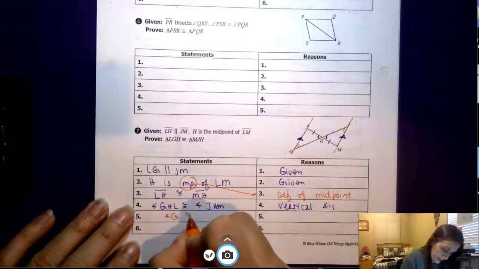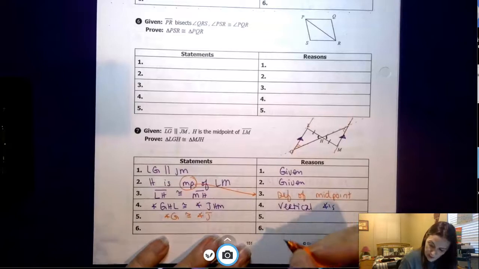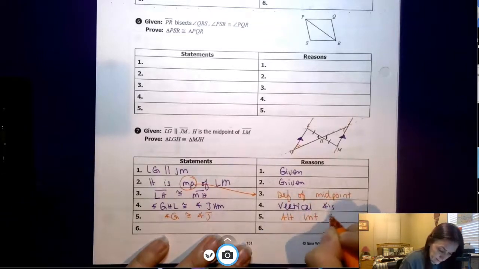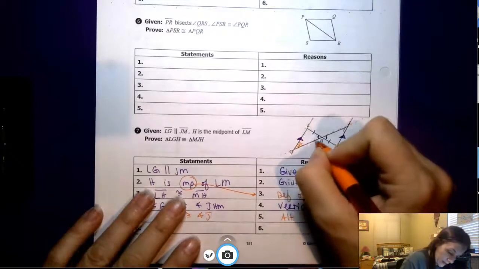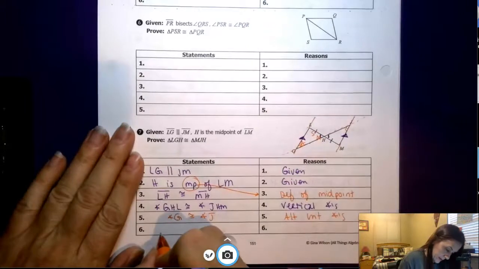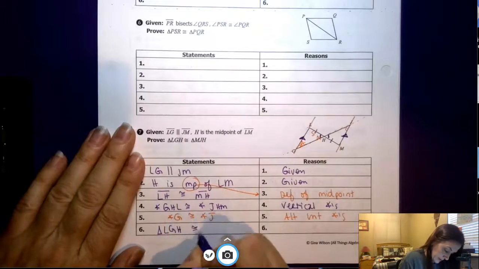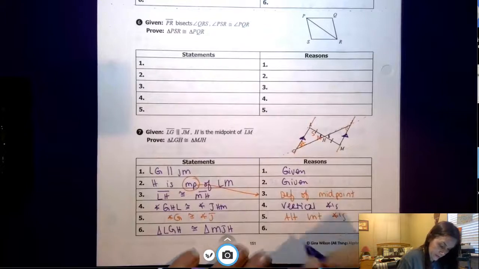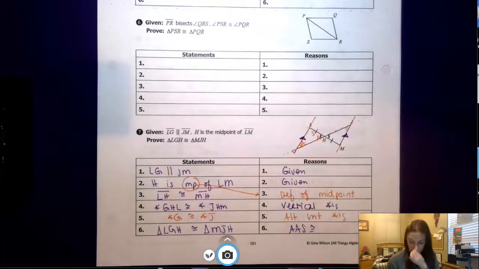Angle G is congruent to angle J because they are alternate interior angles. Now I have angle, side. So I can say triangle LGH congruent to triangle MJH by angle, side congruence. There we go.